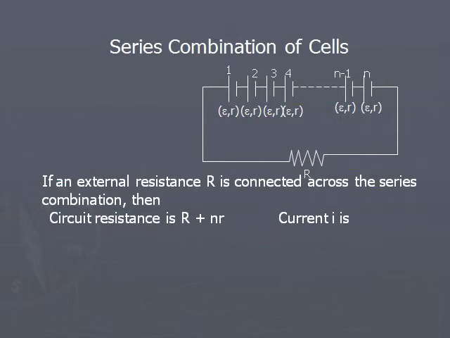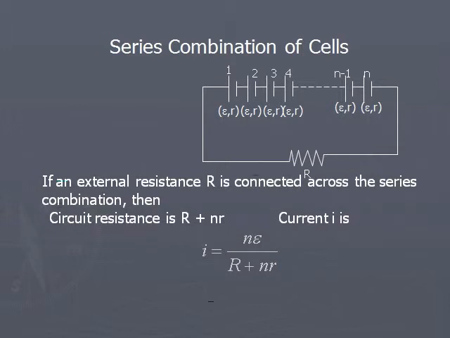So the current through the external resistance is given by I is equal to total EMF nE divided by total effective resistance R plus nr. nE by R plus nr is the total current.